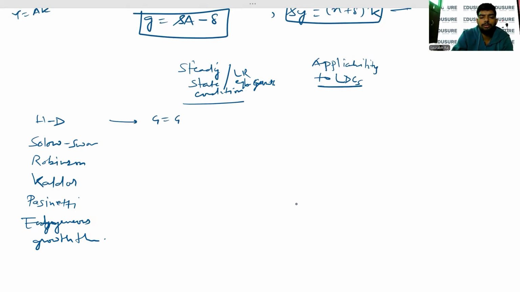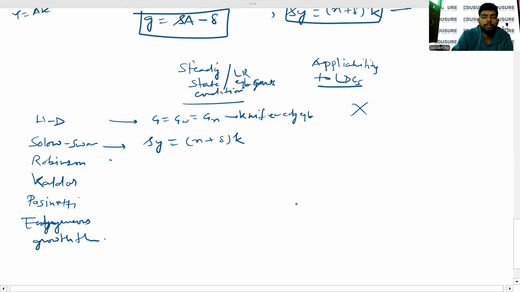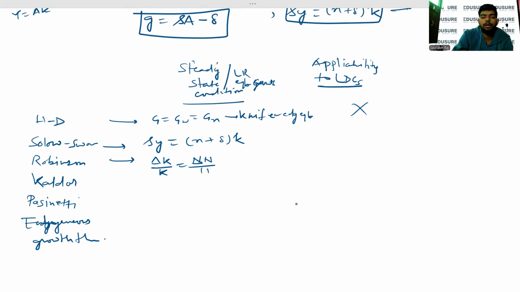For HD, we all know G is equal to Gw is equal to Gn. And knife edge equilibrium basically gives you the concept for steady state. Not very much applicable to LDC. Solow-Swan, we have sY is equal to (n plus delta) into K. Robinson, you have delta K upon K is equal to delta N upon N, also called the golden age. This is also not very much applicable to the lower developing economy.